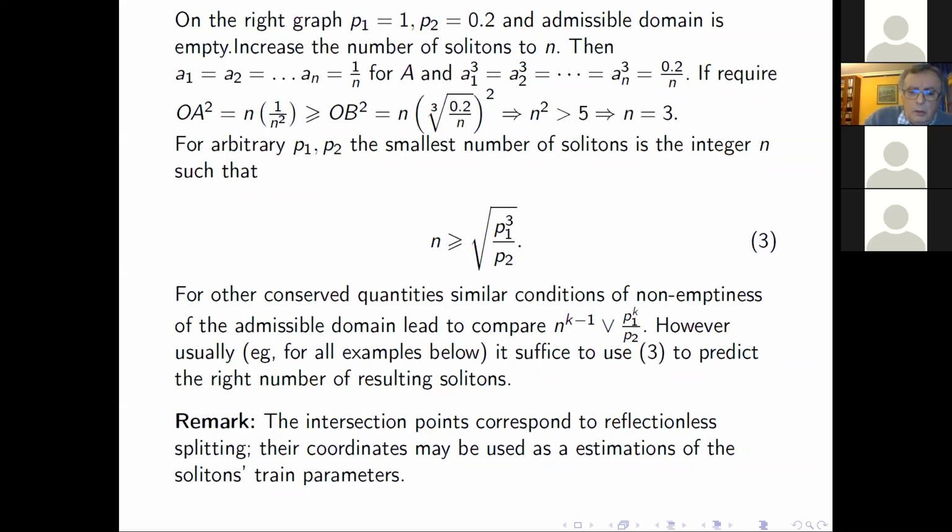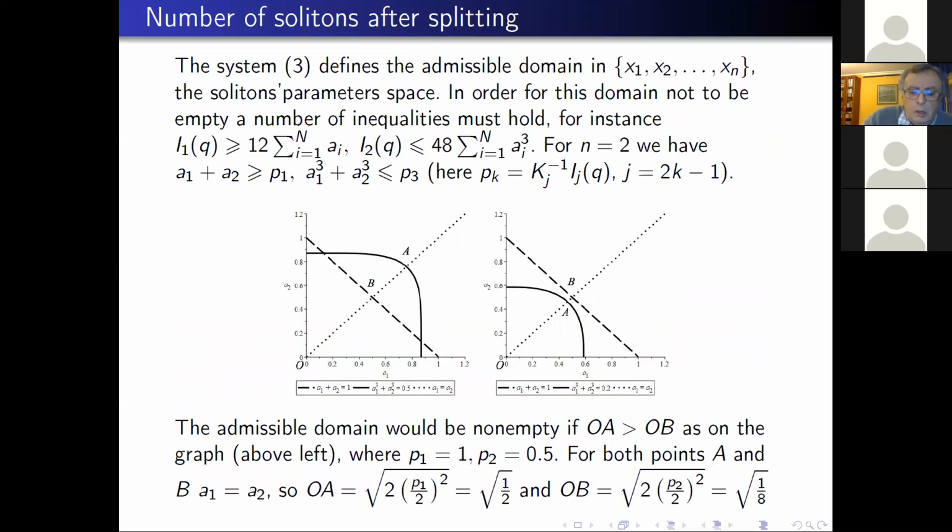One more remark. There are points of intersection of these curves. And the points of intersection mean that both inequalities, this and this one, become equalities.